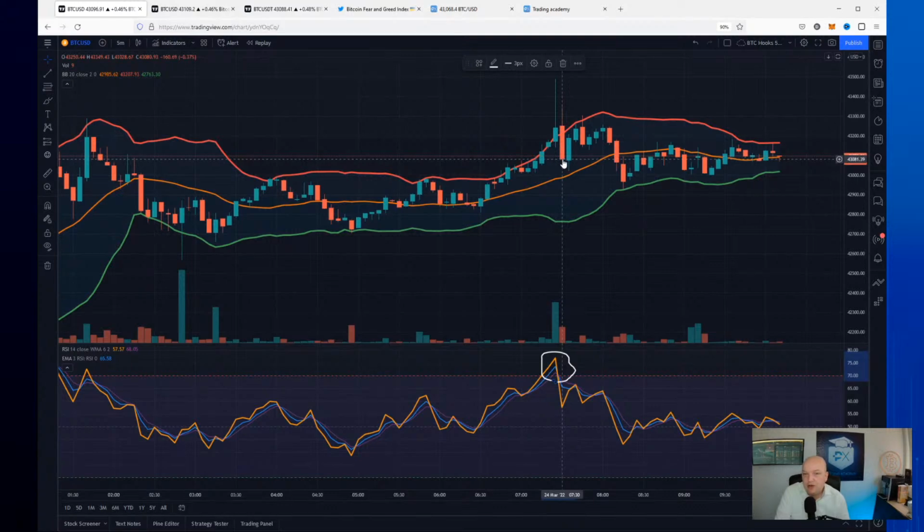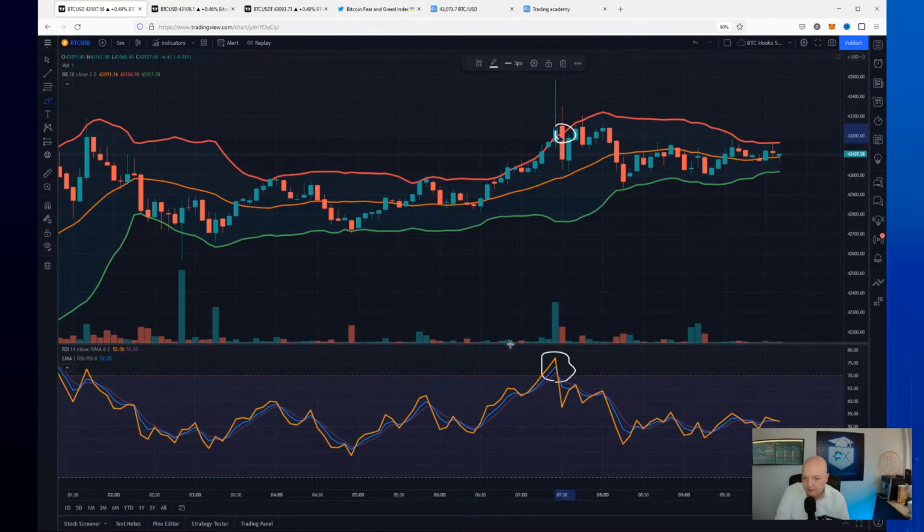Not an ideal trade, because now the second condition we ideally want to see kicks in as well. Because what we would like to see also is that when this crossover happens, the current price is somewhere around the upper Bollinger Band here. So in this case, the red line.